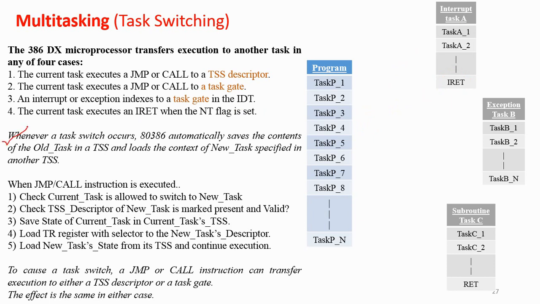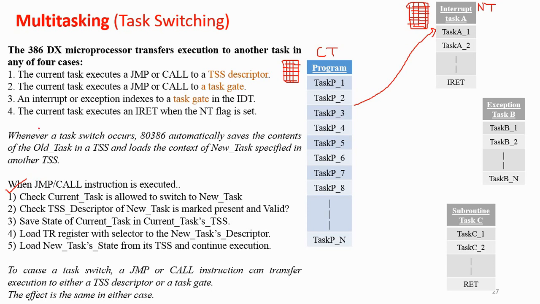Whenever a task switch occurs, the 80386 automatically saves the contents of the old task in a TSS and loads the context of the new task specified in another TSS. This we have discussed already. So now students, we will study what happens when a jump and call instruction is executed.